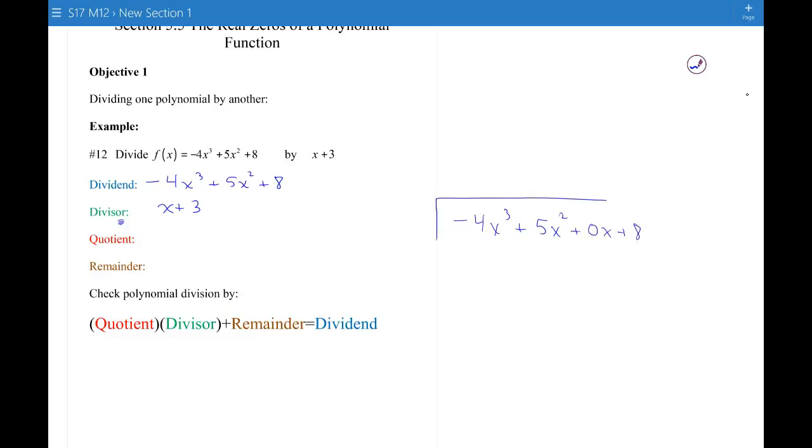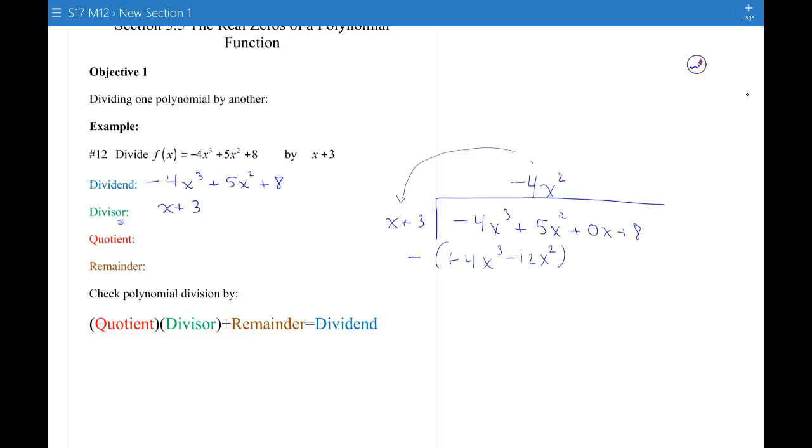In this particular example, you're missing an x term, so you need to put a placeholder. There's no x term, but we need something in every degree spot. So we put 0x in there to be a placeholder, but there aren't any x's there really. So we're going to have negative 4x squared up here. Then this times this goes here. And subtract.